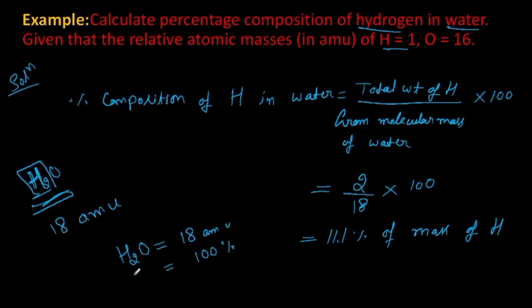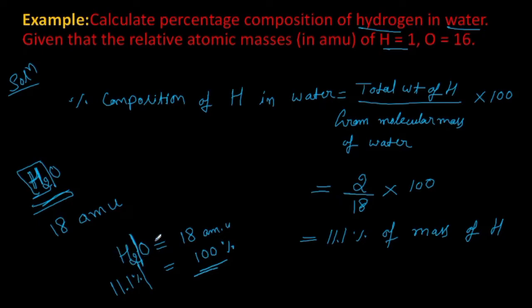Then what is the mass percentage of this hydrogen? The mass percentage of hydrogen is 11.1%. Then now can you get the idea what is the meaning of mass or percentage composition? Now we have found it for only hydrogen. Out of this 100%, 11.1% of mass is of hydrogen.